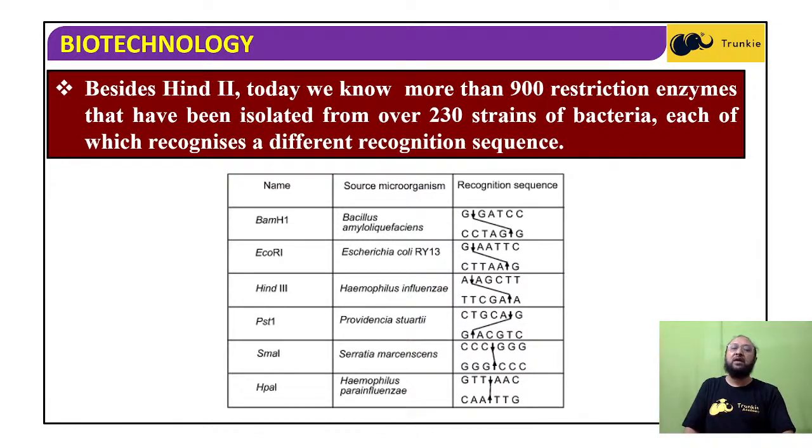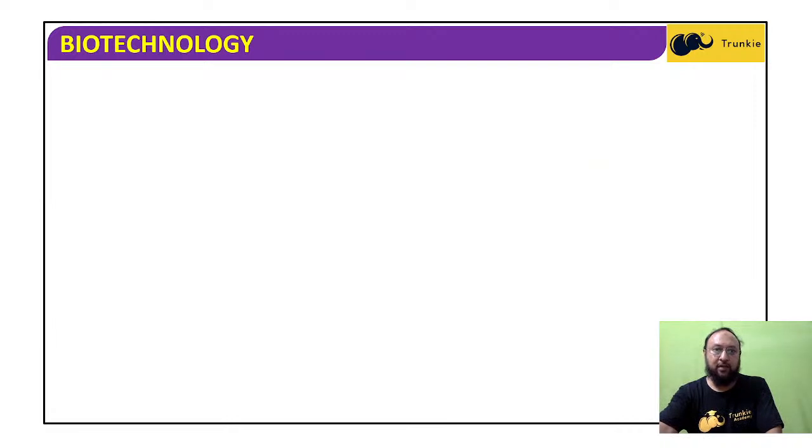It also has a specific recognition site where it cuts the DNA into fragments, between thymine and adenine. So these are some of the examples.